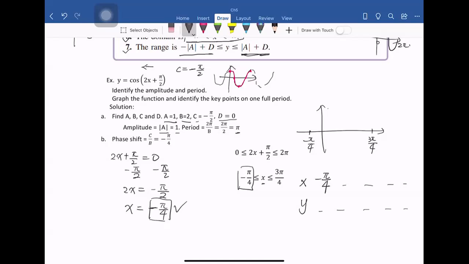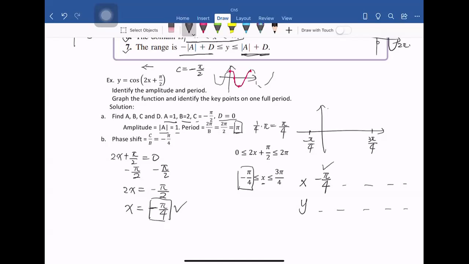And then for the next point, I need to find 1/4 of the period. The period is pi, and 1/4 times pi is pi over 4. So the second x value must be the first one plus pi over 4, that's 0.